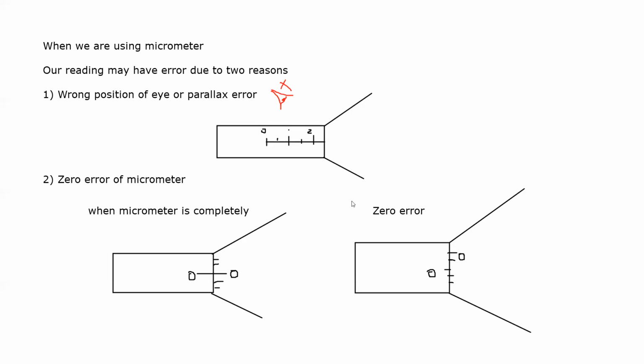Is the concept clear? Yes, Saim Ahmed. Sir, I just have a question about the second error of the micrometer. The second error means the zero error.